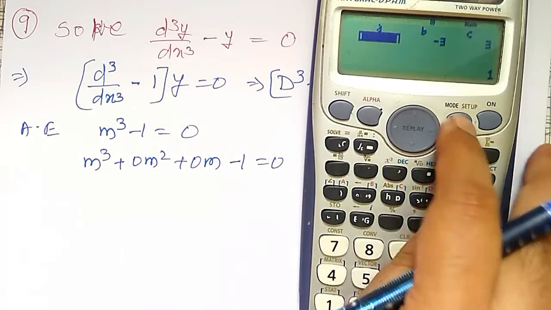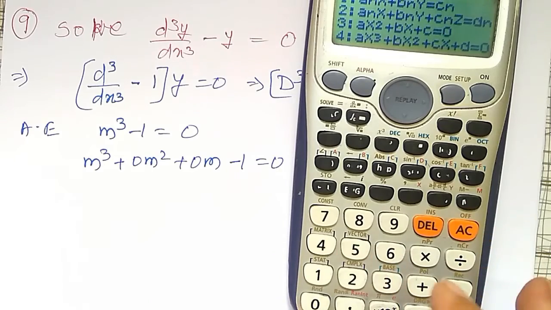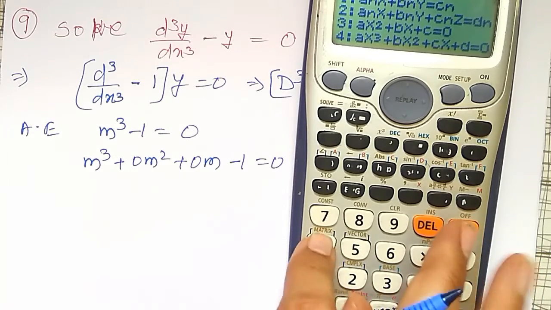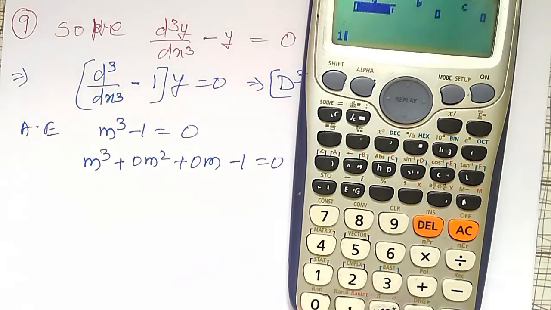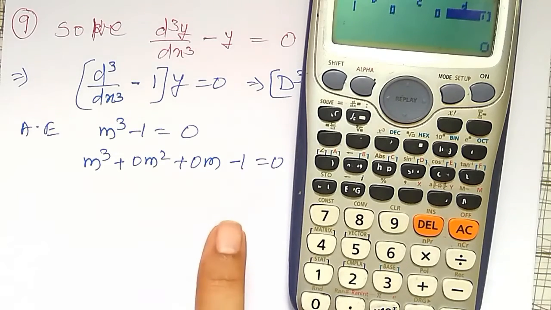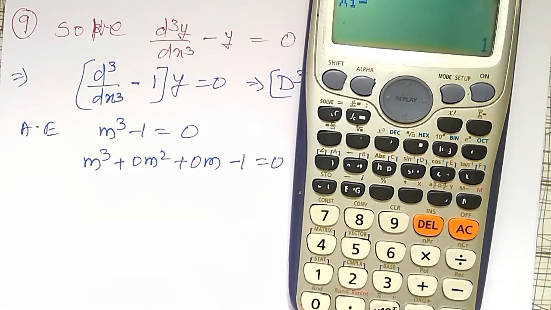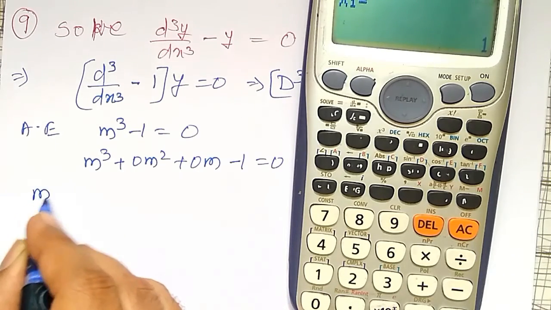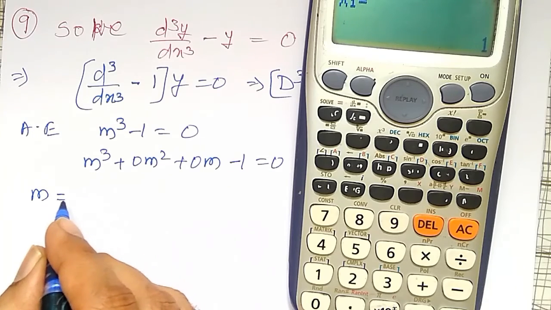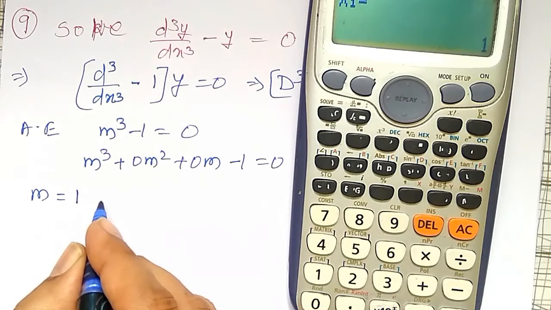Again in the calculator, equation mode, it is 5, option number 4, x cube term 1, b is 0, c is also 0 and d is minus 1, equal to. First root m equal to plus 1, I am getting.